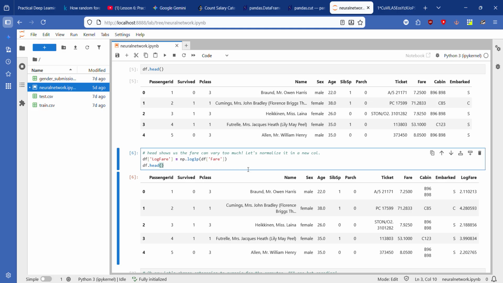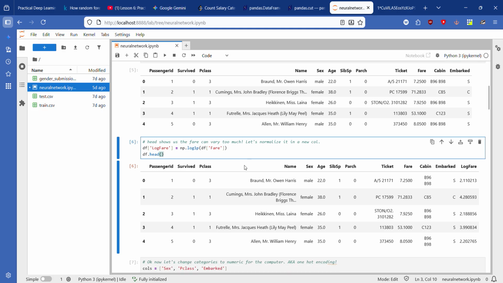So we always want to make sure that we do +1 so that we always get a predictable positive output between 0 to whatever the positive number is.